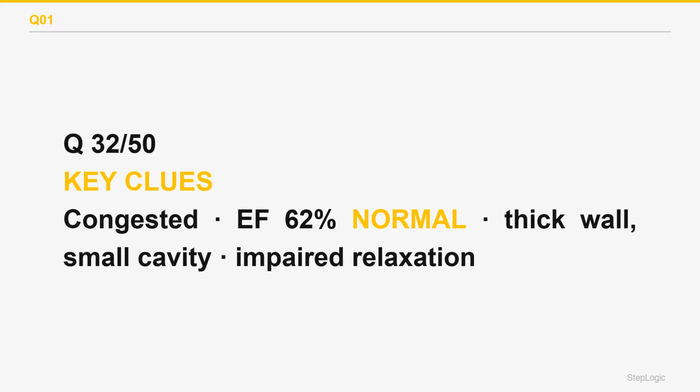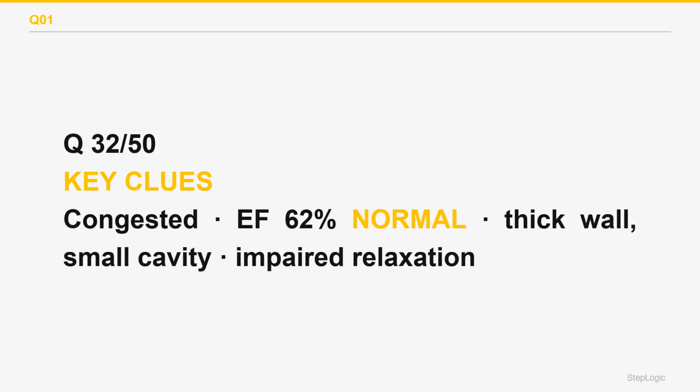Heart failure means the heart cannot meet demand at acceptable filling pressures, and that can happen in two ways. Systolic failure, heart failure with reduced ejection fraction, means the ventricle cannot eject: contractility falls, the chamber dilates, the ejection fraction drops. Diastolic failure, heart failure with preserved ejection fraction, means the ventricle cannot fill.